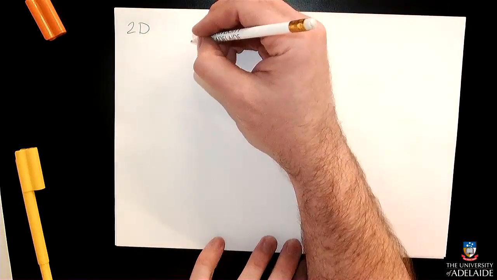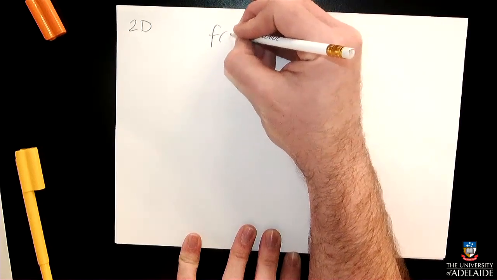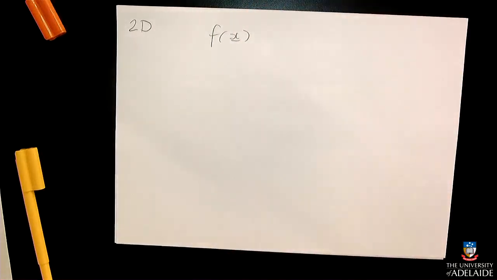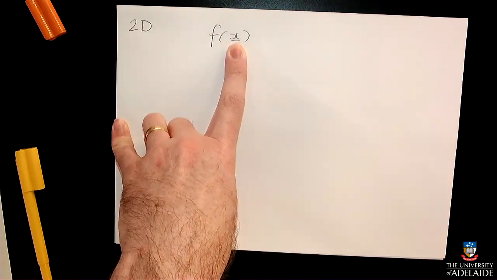In 2D, there are three integrals. And there are two that go with functions that produce numbers at every point. So we're going to have, okay, f of x, where now my x is a point in 2D as opposed to just a single number.